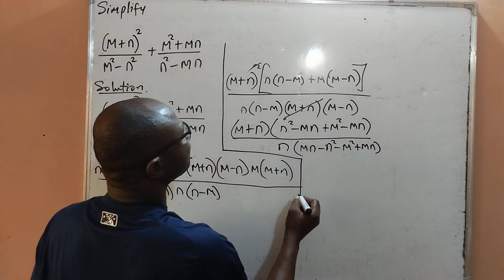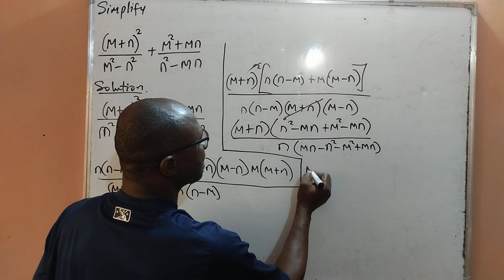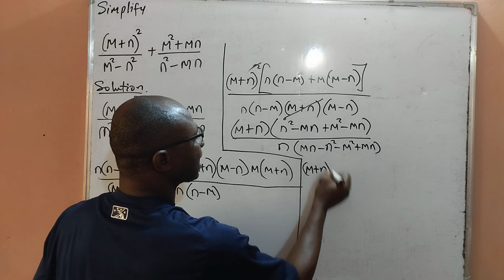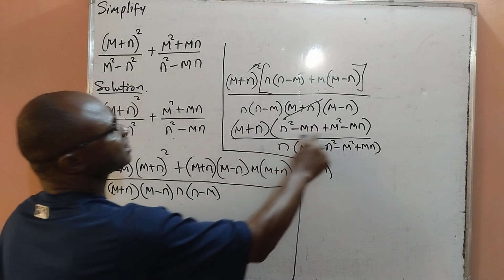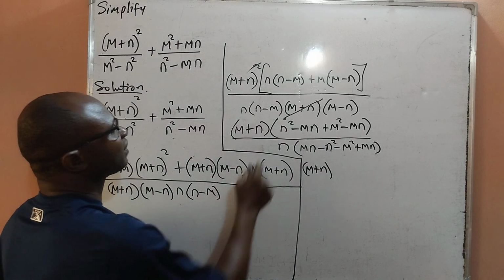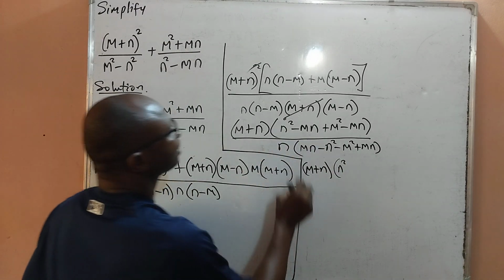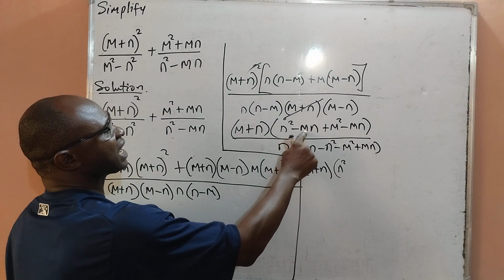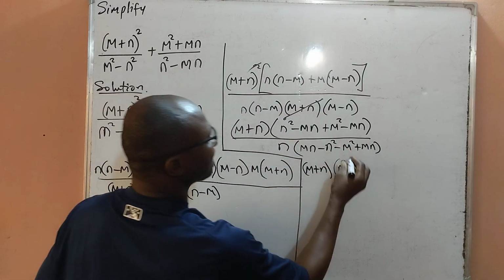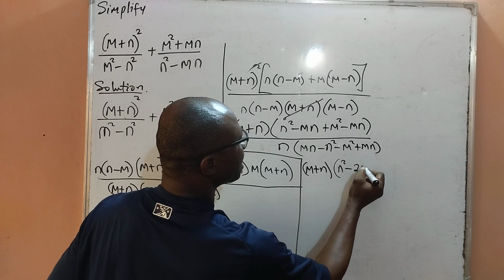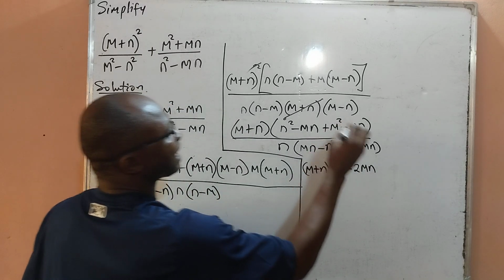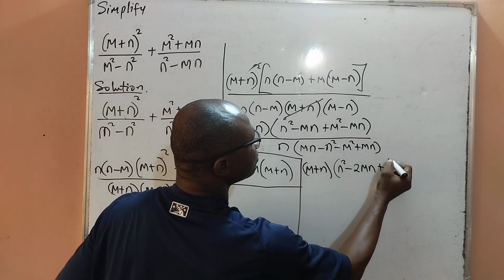We want to rearrange it further. It can go down further as this: m plus n at the numerator. Inside the bracket I have n squared, then minus mn minus mn will give me minus 2mn, then I now have plus m squared.